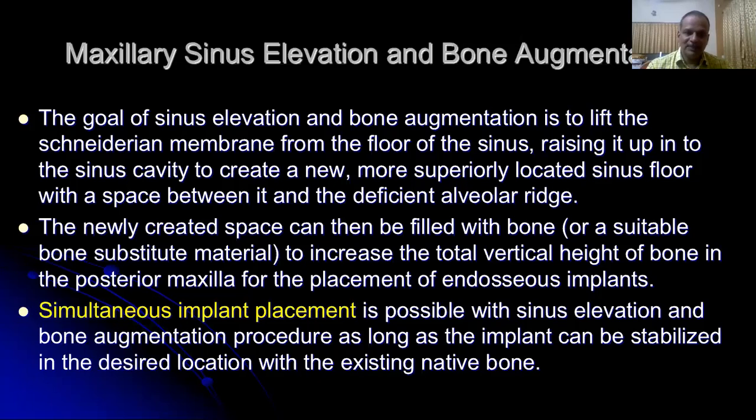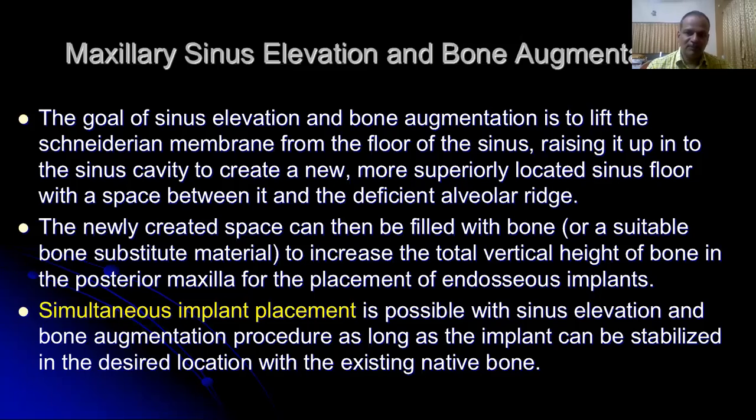Simultaneous implant placement is possible with the sinus elevation and bone augmentation procedure as long as the implant can be stabilized in the desired location with the existing native bone. Literature has shown that about 5 millimeters of vertical bone height is required to place the implant simultaneously with maxillary sinus elevation and bone augmentation.